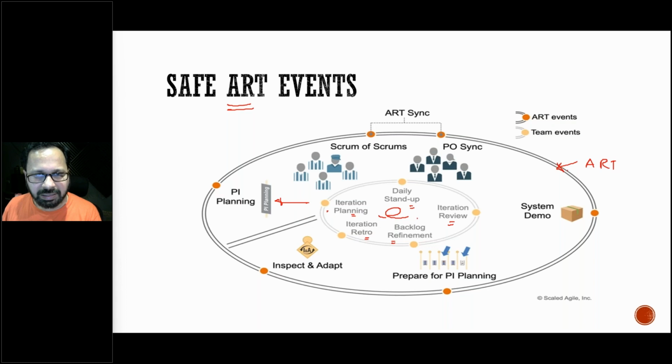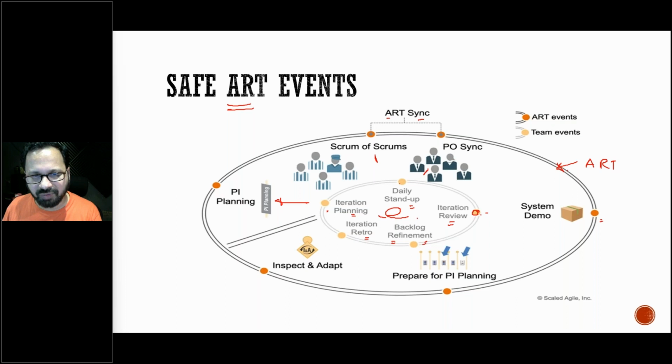Okay, daily stand-up, we have Scrum of Scrums meeting, we have PO sync meeting, or you can combine them together to form an ART sync meeting. Okay, you have an iteration review where the team does a user story demo. Here the team does a feature demo, which is an integrated demo from a staging-like environment.